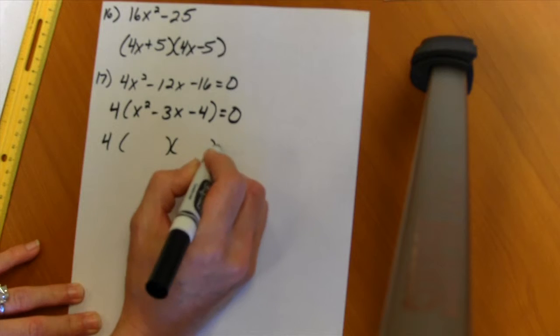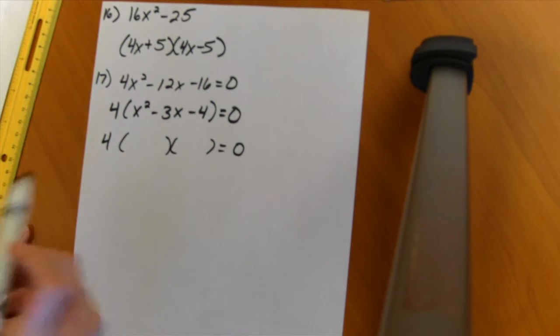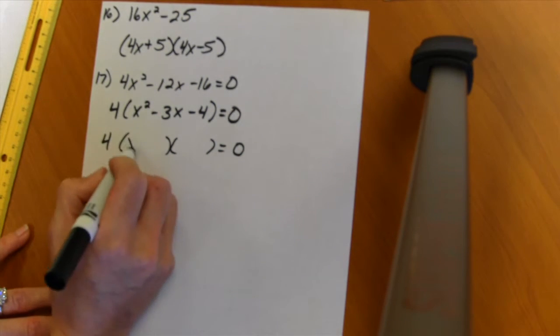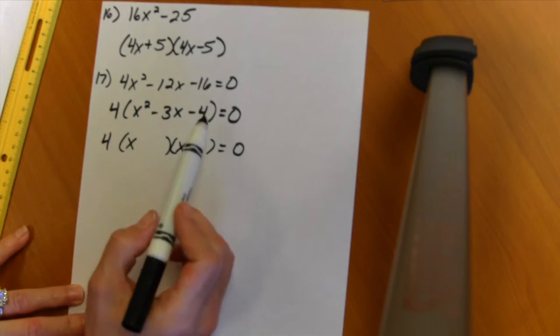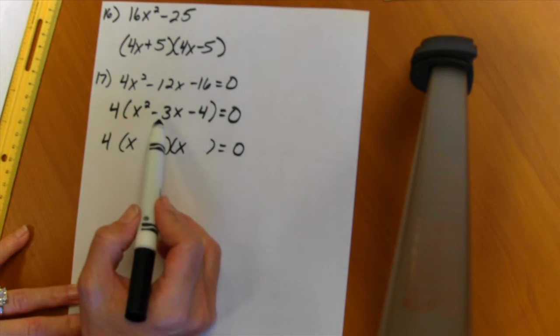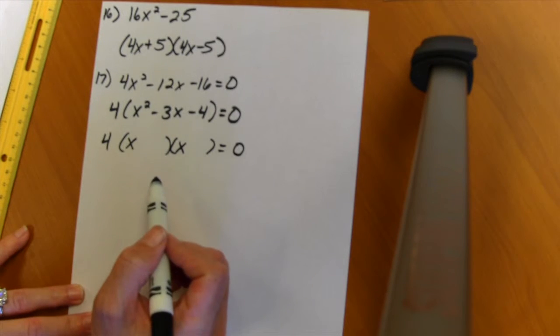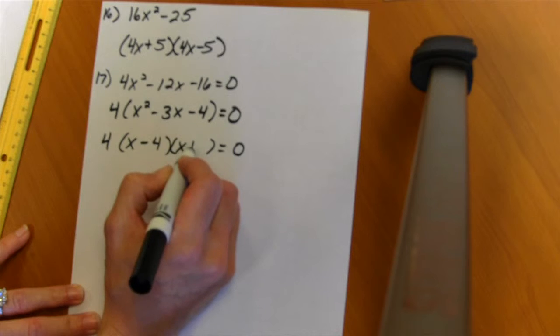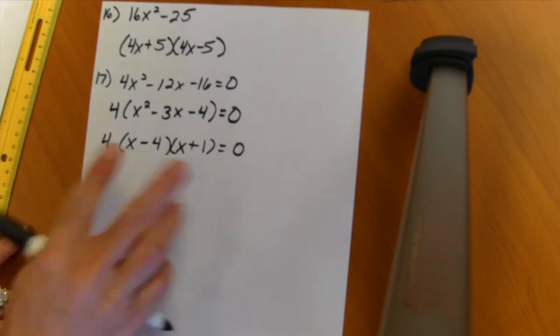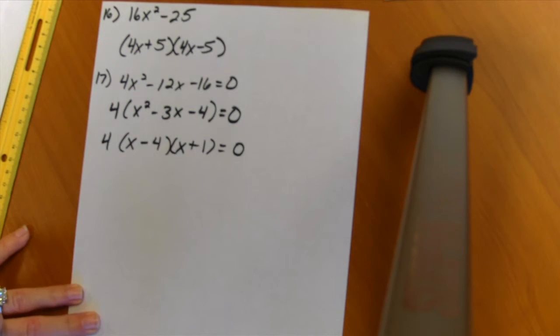Let's factor inside the parentheses. Because it's a 1x squared, I know that's going to go here. I can simply ask what multiplies to make negative 4 and adds to make negative 3. Well, not 2 and 2. However, negative 4 and positive 1 will give me what I need.